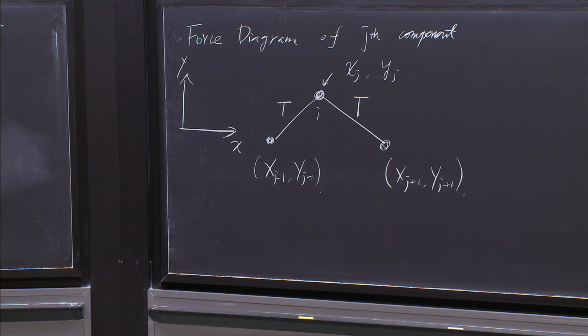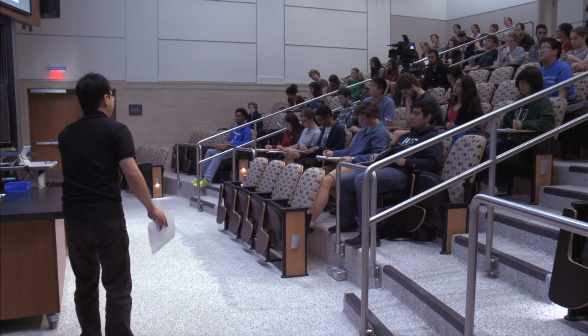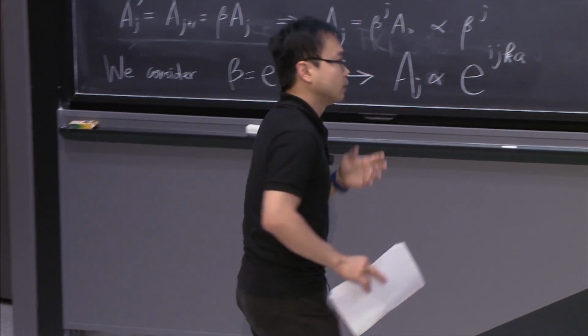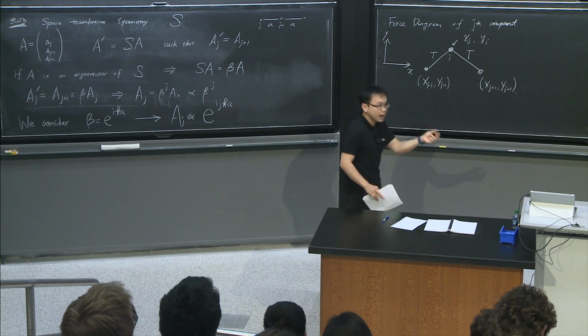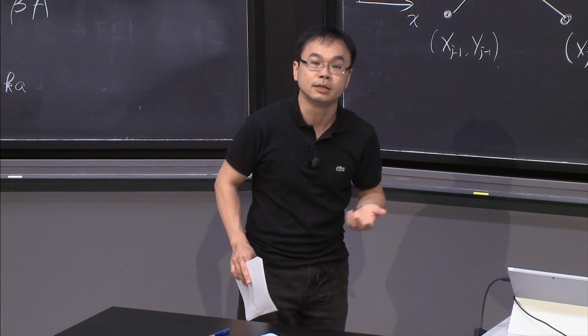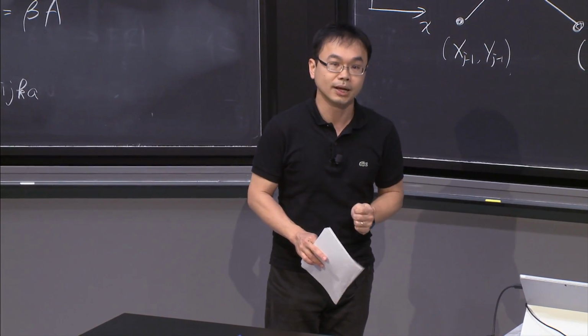So to simplify the discussion, I'm going to assume that all those little masses can only move up and down, instead of back and forth. So only one direction is allowed. And also, I assume that the up and down motion of all those little masses is really very small, so I can use the small angle approximation.